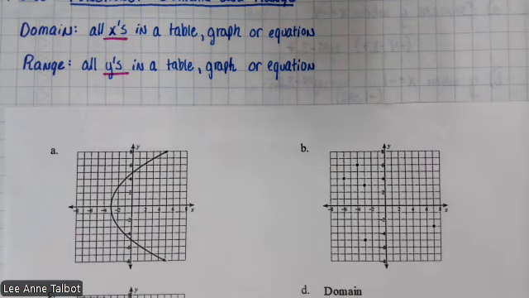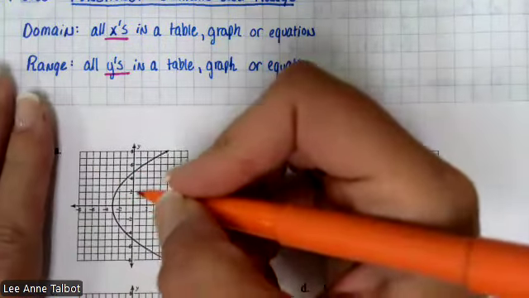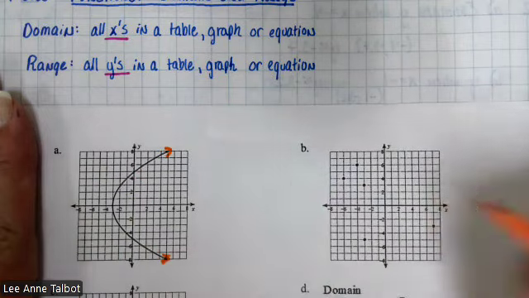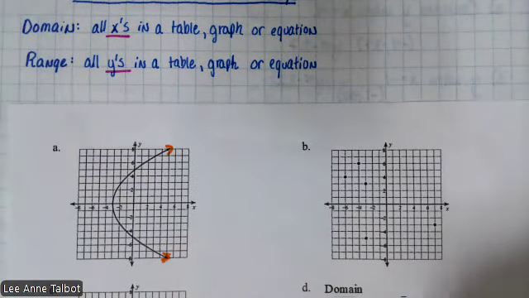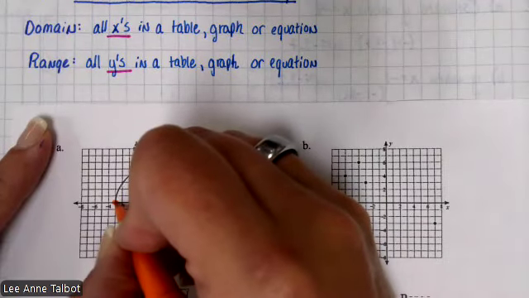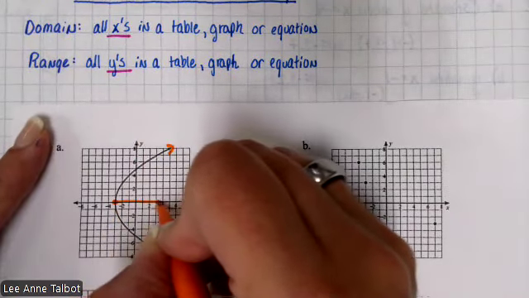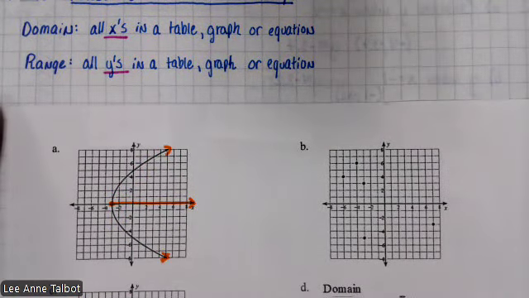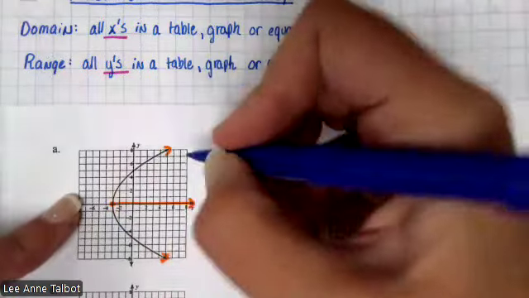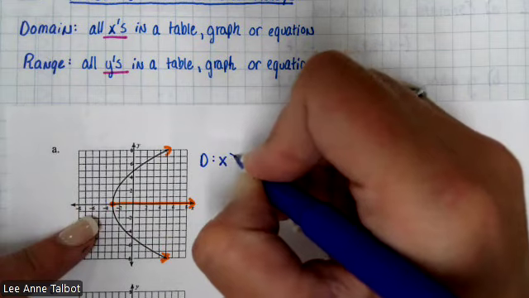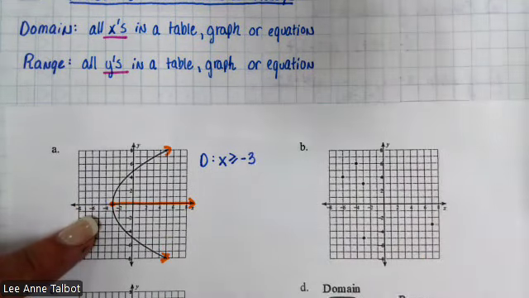Okay, this first one, A, is one of the spicy ones. I want you guys to see that there are arrows at the end of these lines, even though they don't show up a lot. So I darken them. So that means that my graph starts here and it's going to go forever to the right. So X is going to be greater than or equal to -3.